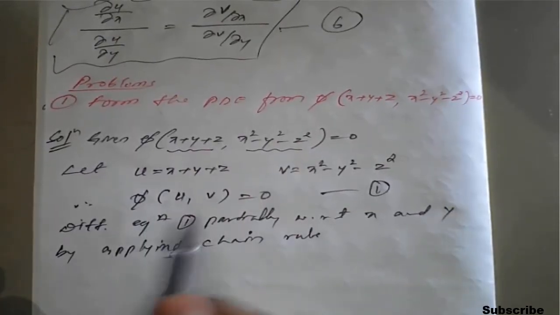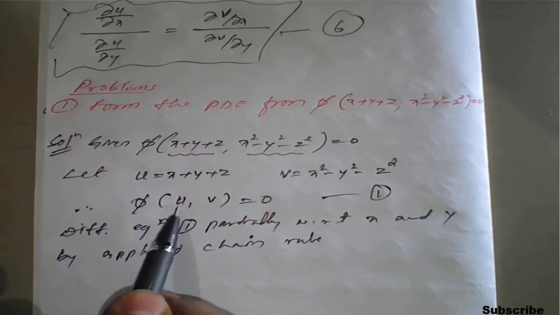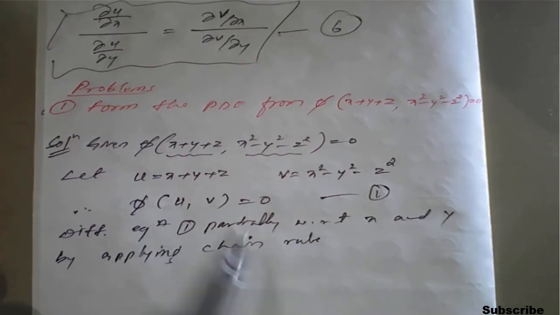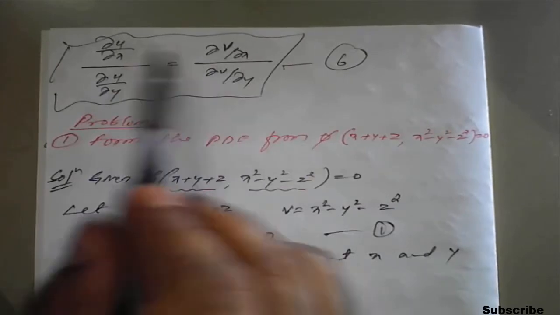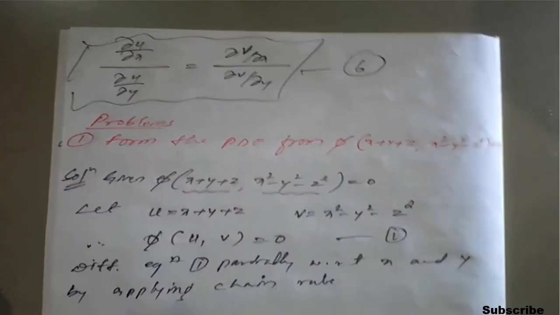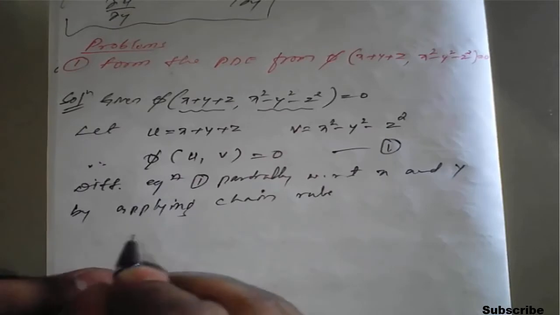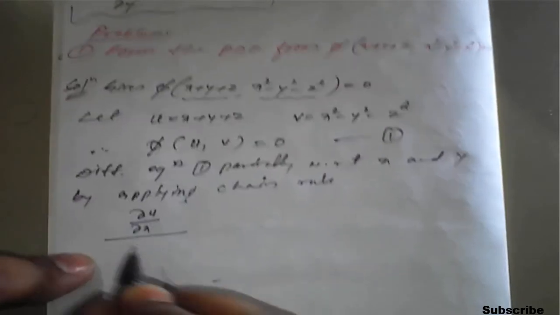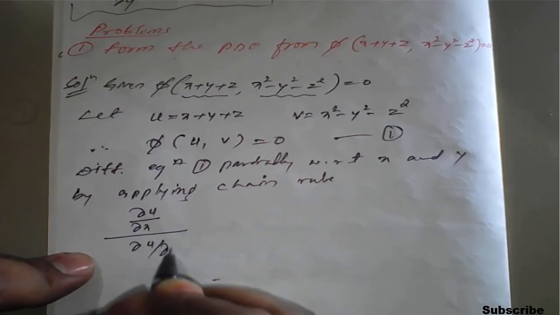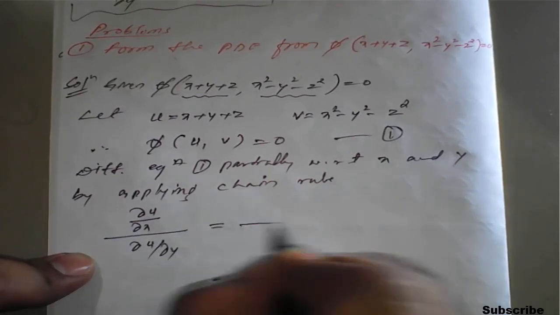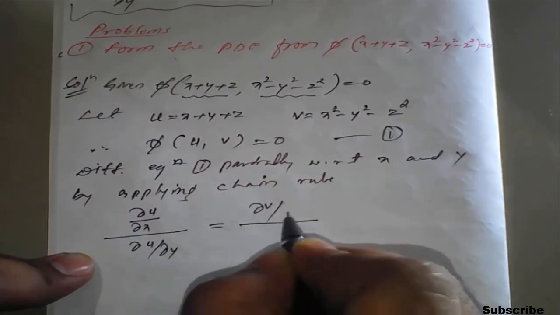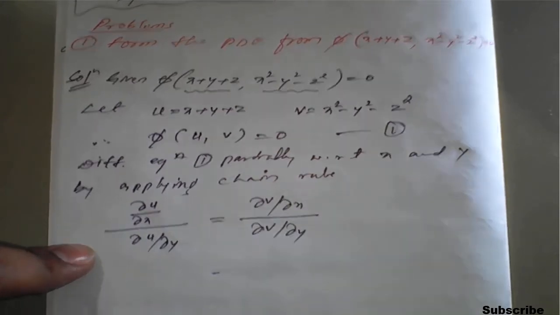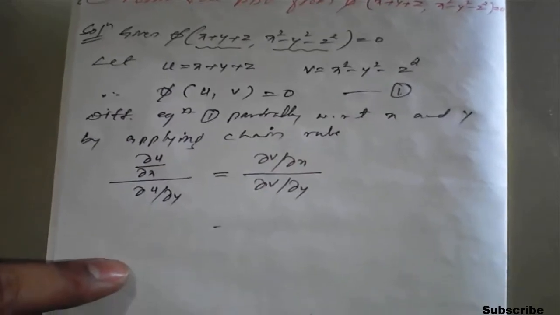Now, we know the partial derivative of phi(u, v) with respect to x and y by applying chain rule. We got the result number 6. So remember this result and write it directly as: dou u by dou x divided by dou u by dou y is equal to dou v by dou x upon dou v by dou y. So we'll use this result directly to prove the result now.